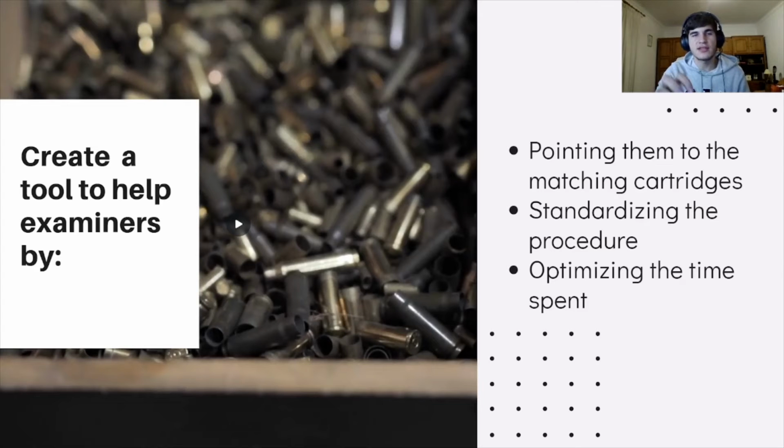So if we had a tool that was unbiased and that gave an unbiased look to the cartridges, then it would be able to standardize the procedure for the different examiners that do this process. And of course, if the examiners had a tool to help them identify the cartridges, we would be saving them time and optimizing their time spent.